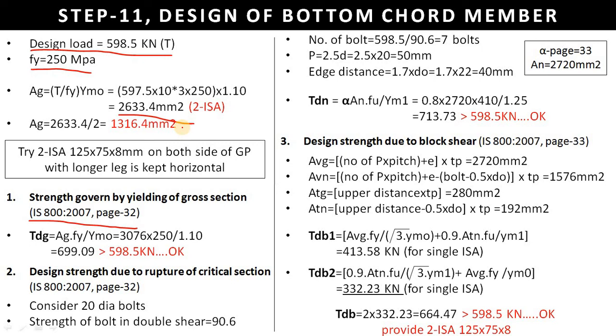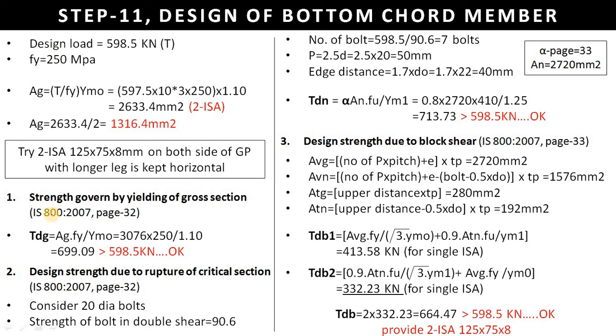We will provide 2 ISA, so by providing 2 ISA we have to divide the area by 2. So we have the gross area as 1316.4 mm square. I have selected 2 ISA 125, 75, 8 mm on both sides using a gusset plate with the longer edge kept horizontal.